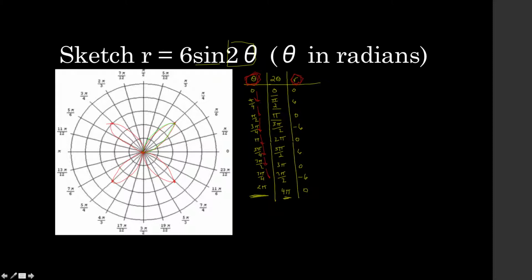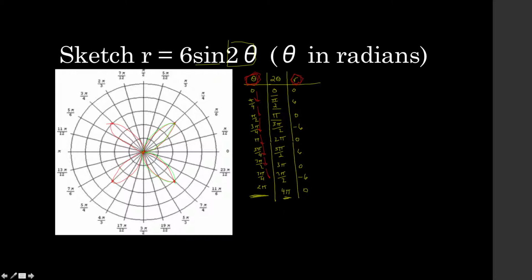From pi over 2 to 3 pi over 4, we're decreasing. Now remember, 3 pi over 4 is this one right here. It looks like 7 pi over 4, but it's 3 pi over 4, negative 6. From 3 pi over 4 to pi, we're increasing back to 0 again, which is how we get that connection.